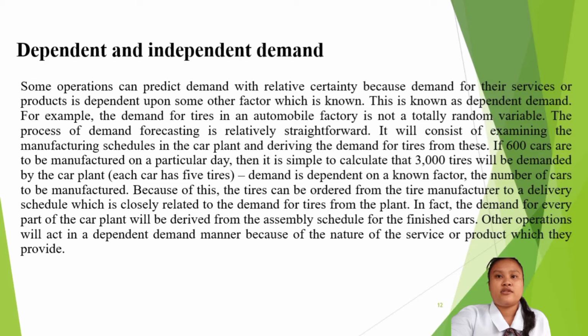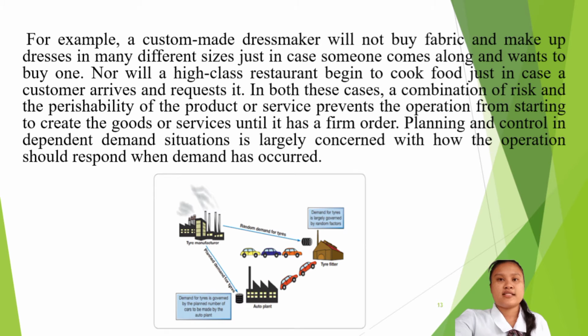Other operations will act in a dependent demand manner because of the nature of the service or product which they provide. For example, a custom-made dressmaker will not buy fabric and make dresses in many different sizes just in case someone comes along and wants to buy one, nor will a high-class restaurant begin to cook food just in case customers arrive and request it.